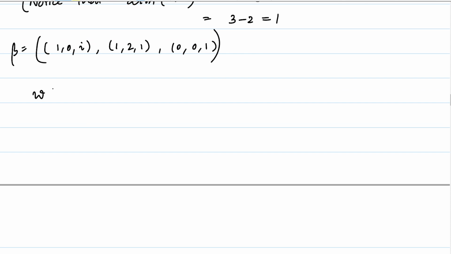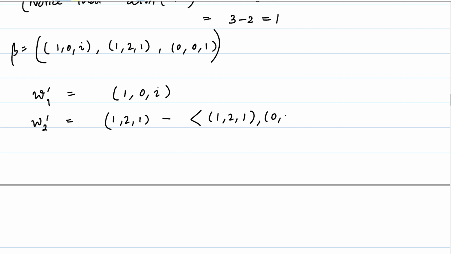Okay, so what will be W1 prime? W1 prime will be just (1, 0, i). W2 prime will be equal to (1, 2, 1) minus the inner product of (1, 2, 1) and (1, 0, i) divided by 2 times (1, 0, i).